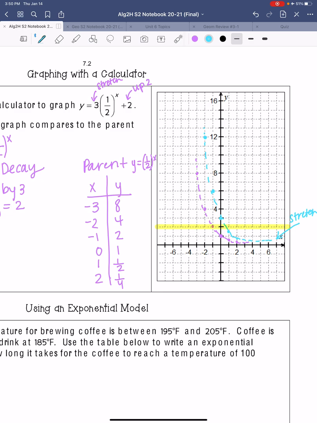So shift them up 2, up 2, up 2, and up 2. Okay, so connect it with a solid line. It's going to approach, but never cross. And put arrows on both sides because it is going to go on forever. All right, beautiful.